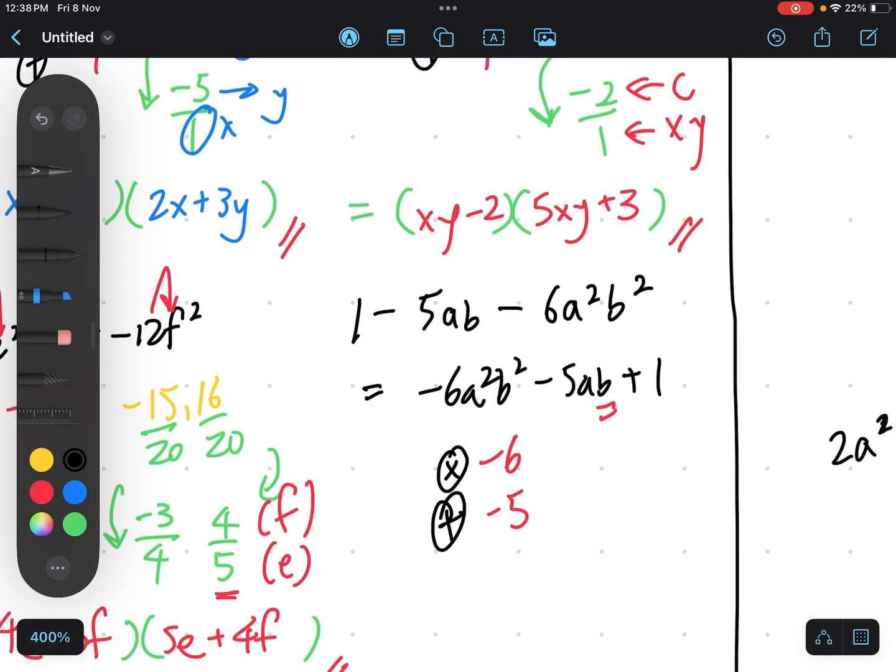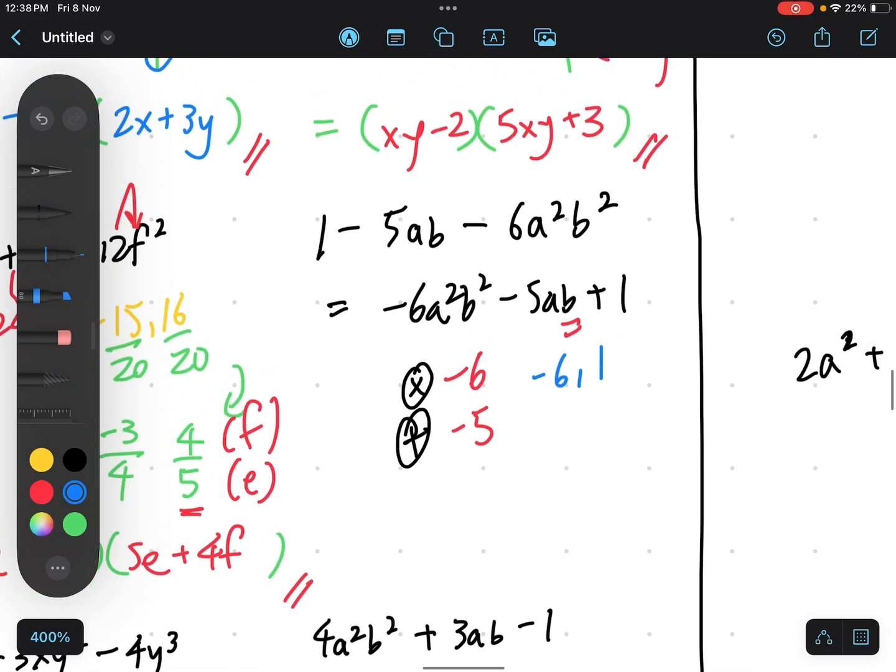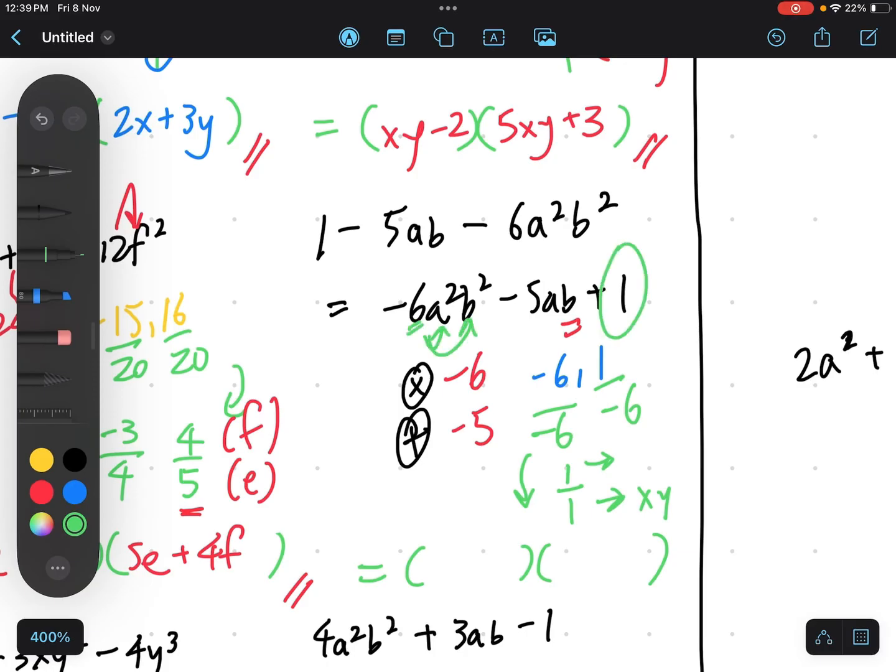And now the two numbers will be minus 6 and positive 1. And now we're going to divide by a. And here, this is just easy, 1 over 1. It's simplifiable. That's not a word, but it can be simplified. So 1 over 1. And this is 1 over minus 6. So I'm putting this in a bracket again. Remember that for this form, the bottom is xy and the top is just a constant, because your a is closest to both variables, while this is not a coefficient to anything.